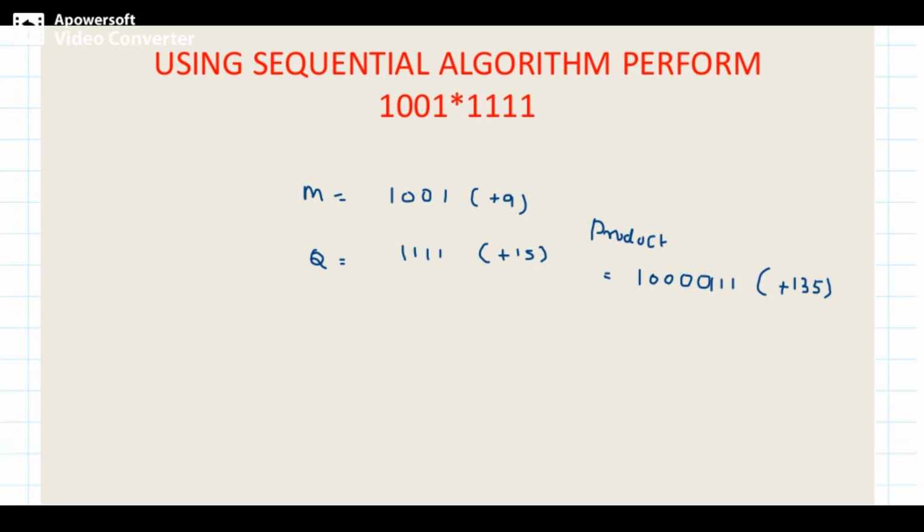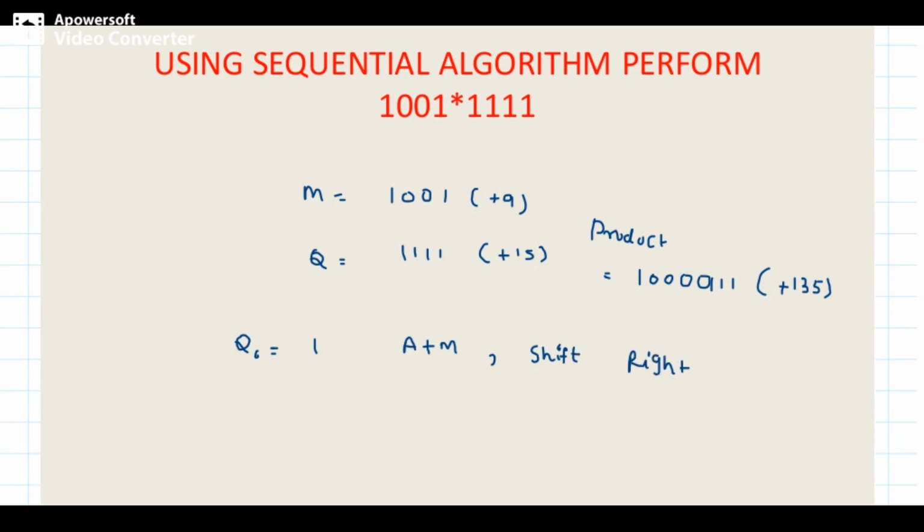So we know that each time we have to check the Q0 bit. If the Q0 bit is 1, we have to perform A plus M, and after adding, shift the entire partial product to the right hand side.